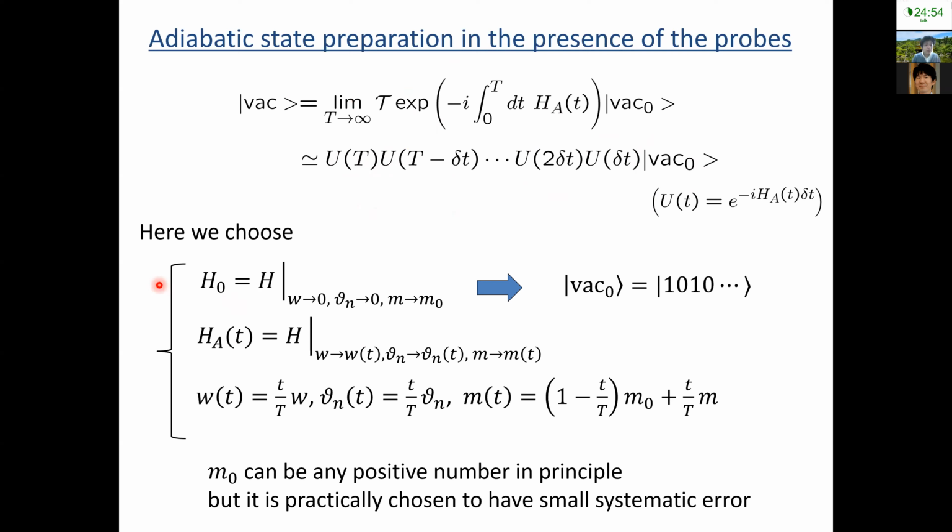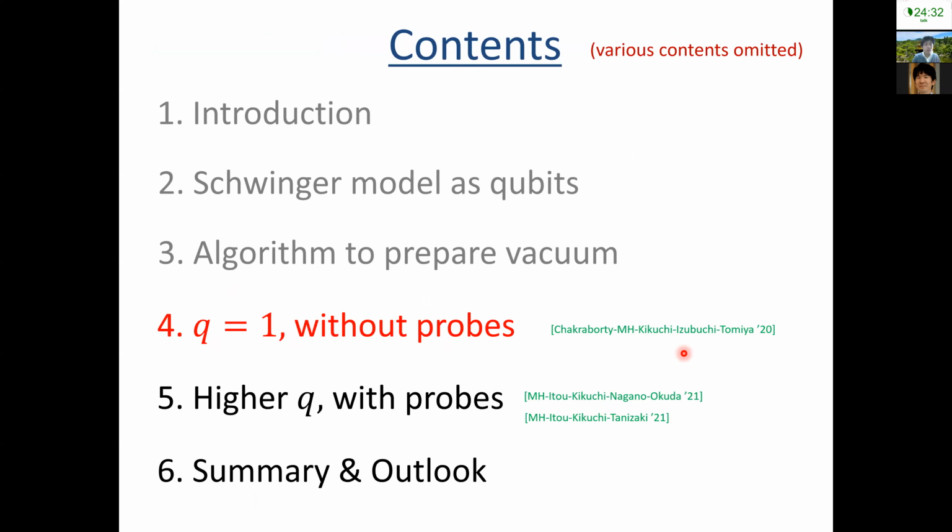And concretely, we choose the adiabatic Hamiltonian in this way. Basically, we start with a massive limit of the system, and we gradually change the parameters to the target Hamiltonian. And this is our algorithm to prepare the vacuum.